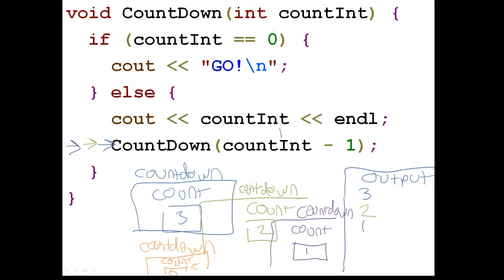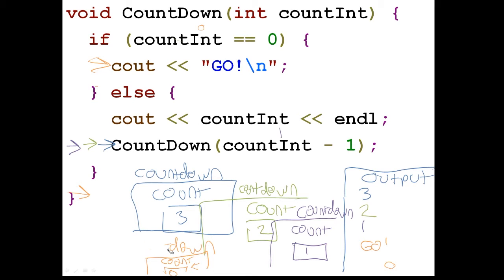So here count int is 0, and we ask, is count equal to 0? Finally, we get to 0 equal to 0, so we go ahead and say go. At that point, once we reach the end of this function and that function is done, we now go away.